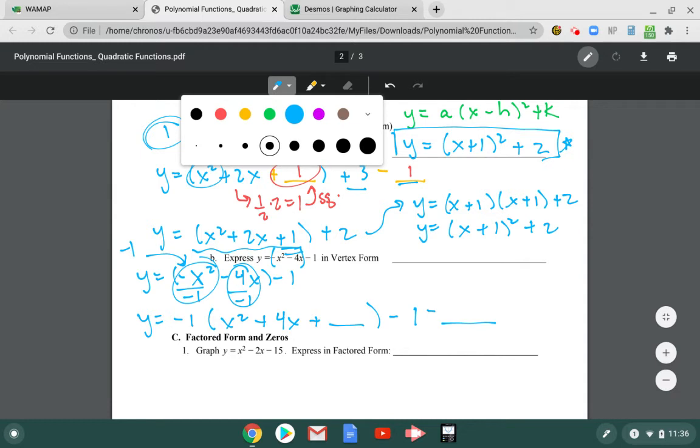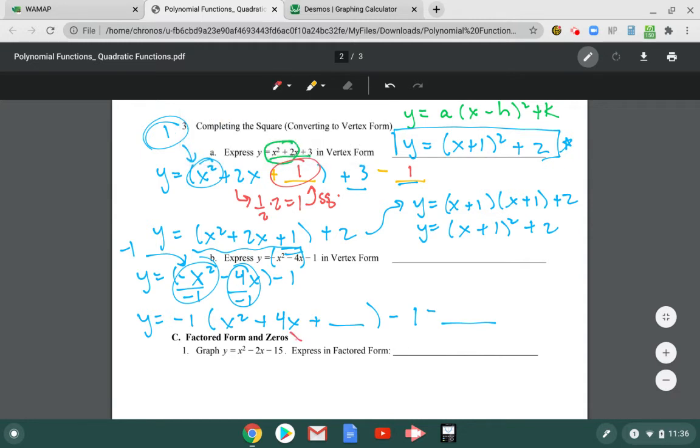Going ahead and completing the square, I need to do half of 4, which is 2, and then squared. 2 squared is 4. But I've actually changed this, not just by adding a 4, but that 4 is multiplied by a -1. So on this line here, I put the -1 and I put that 4.